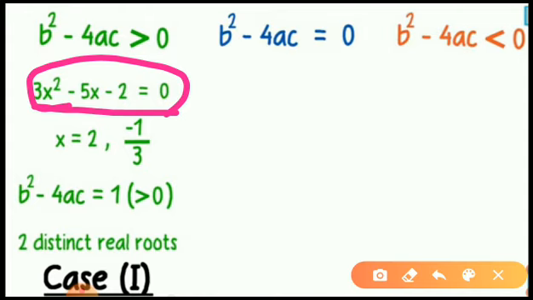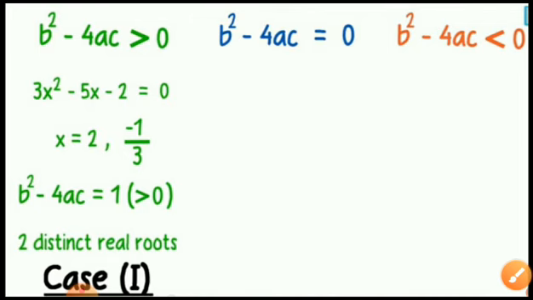So b square minus 4ac is 1. Is 1 greater than 0? Yes. So we can conclude that if the discriminant is greater than 0, you will get two distinct real roots. Is that clear?